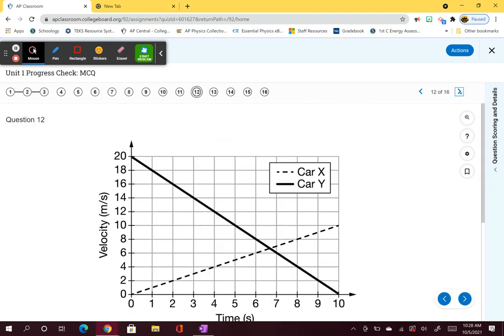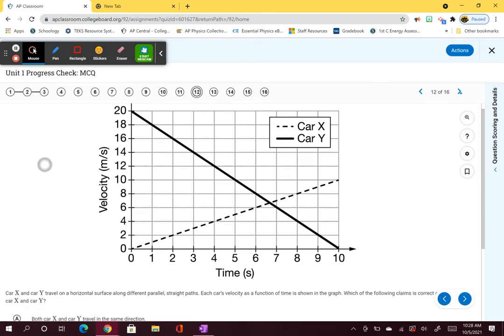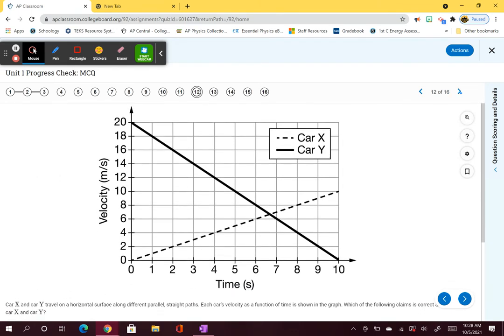Next question. So question 12. We have velocity versus time, and we have car Y, which is, well, both of them are above the x-axis, so both of them are moving in the positive direction.